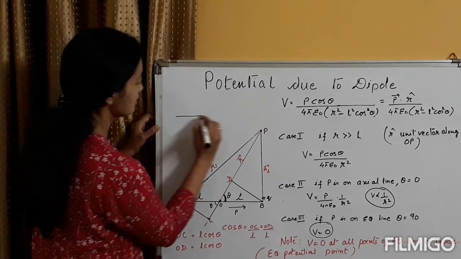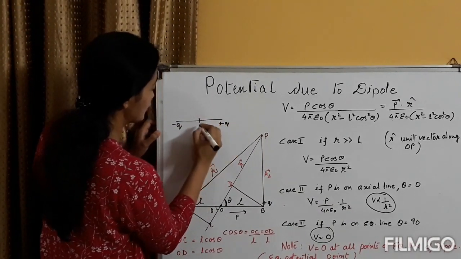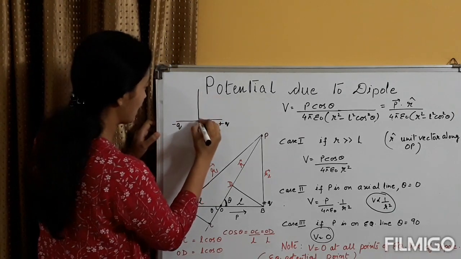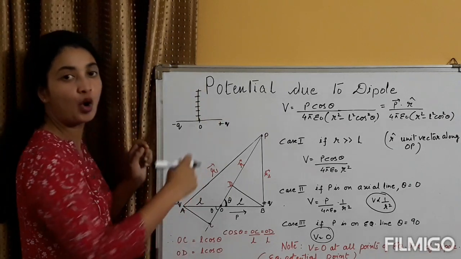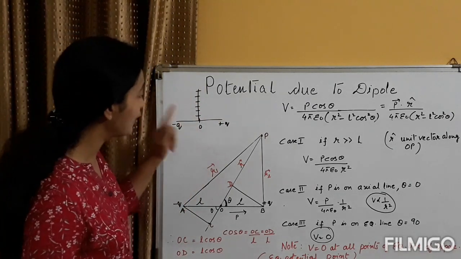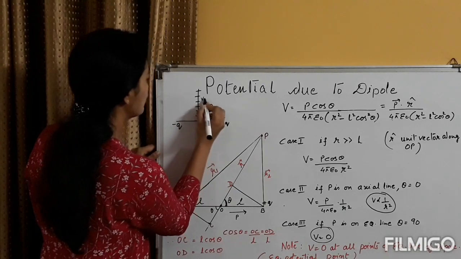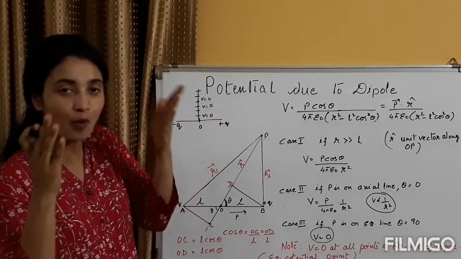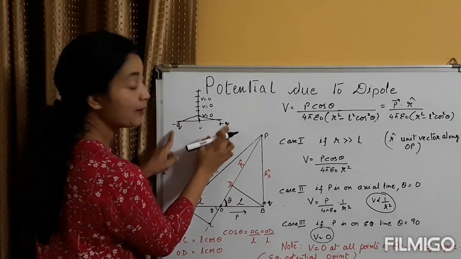Just see here, suppose I have a dipole, minus q, plus q. This is the center of the dipole and this is the equatorial line of the dipole. At all the points of the equatorial line of the dipole, the value of potential is 0, obviously because these points are equidistant from both the charges.